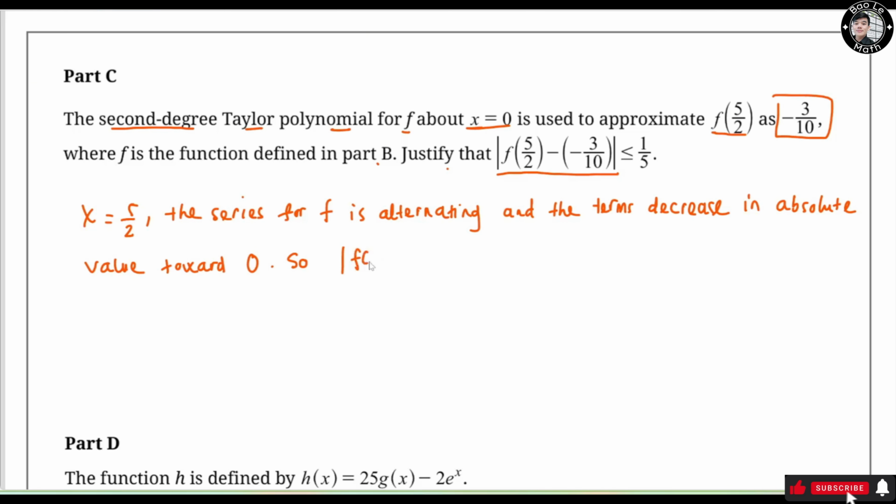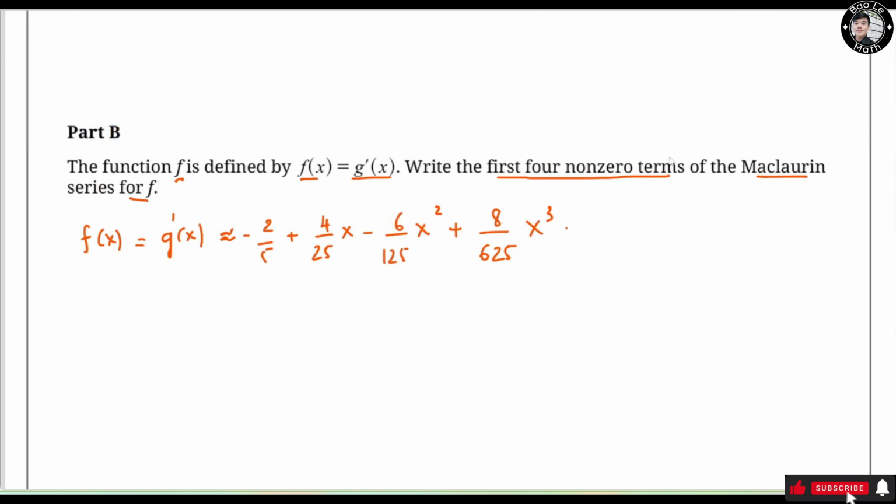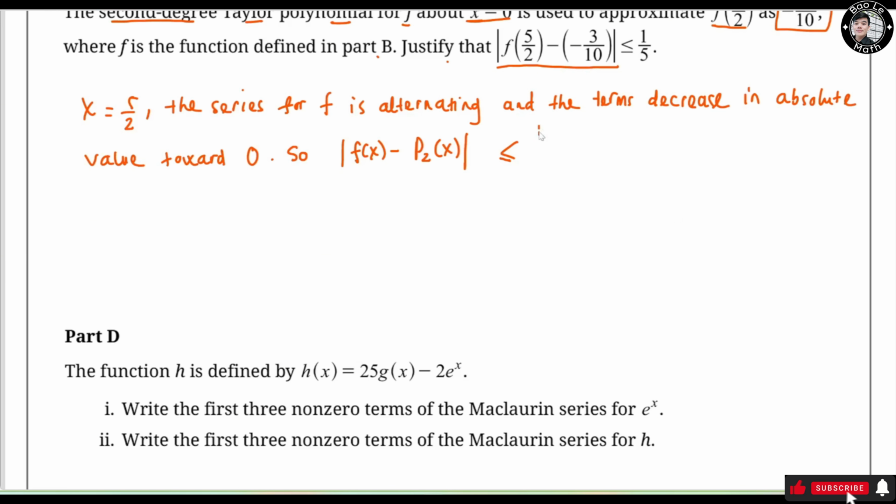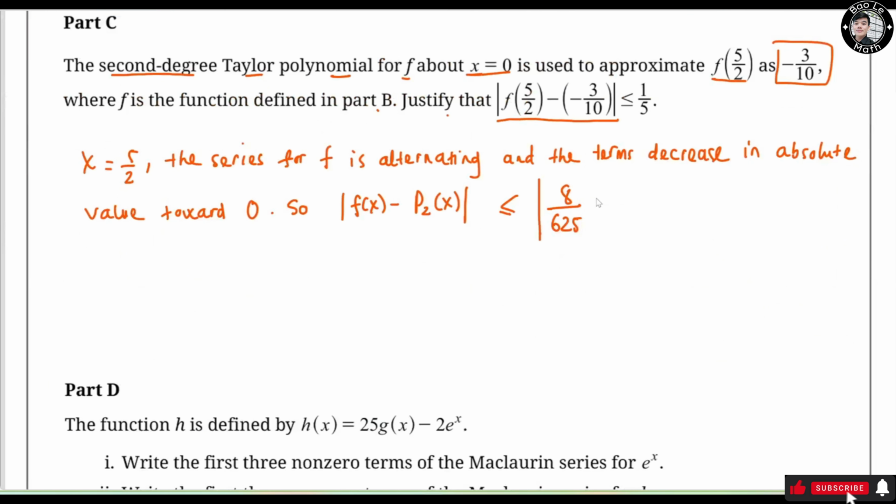The absolute value of f of s minus p2 of s is less than or equal to the absolute value of the first omitted term, which is the third degree term, right? Now the third degree term is right here, so it's going to be the absolute value of 8 over 625 s cubed, but s equals 5 over 2, so it would be 5 over 2 cubed, right?